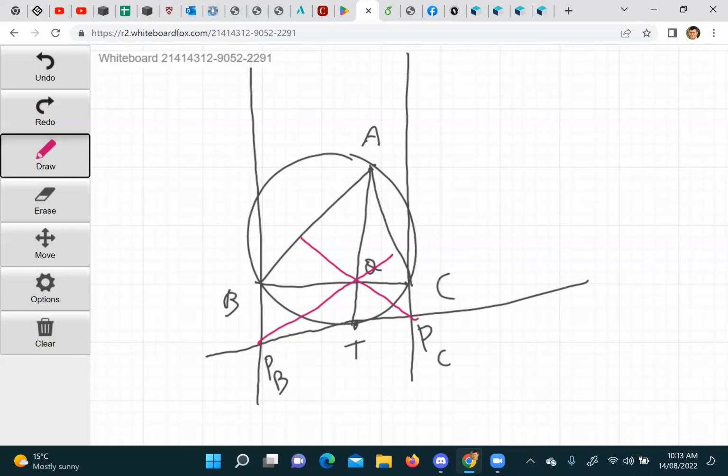So if we prove this is cyclic, then this will be equal to that. And then that will be equal to that. Doesn't look true. What do you want to prove is cyclic? I don't think I'm doing this right.